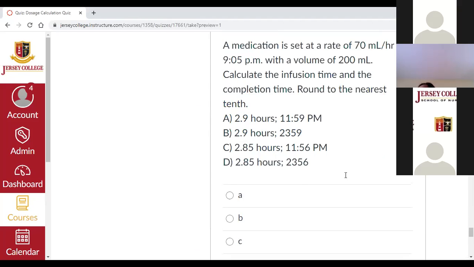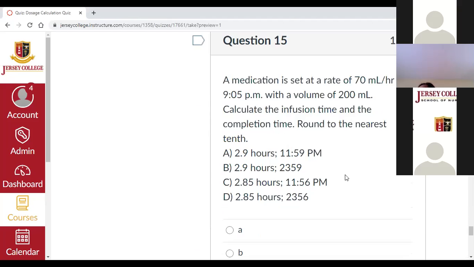With the timing, when I changed it to 7, let me get my screen. Medication is 70 ml per hour.